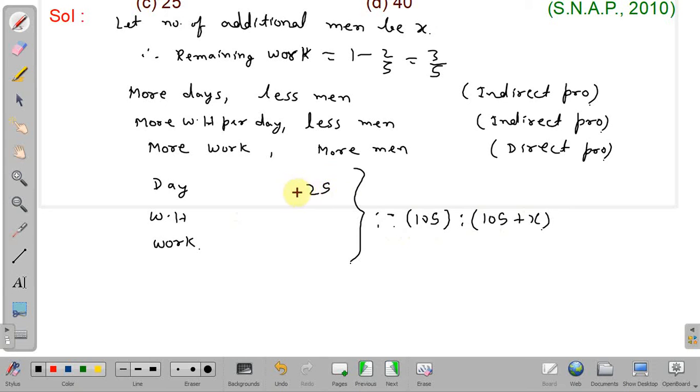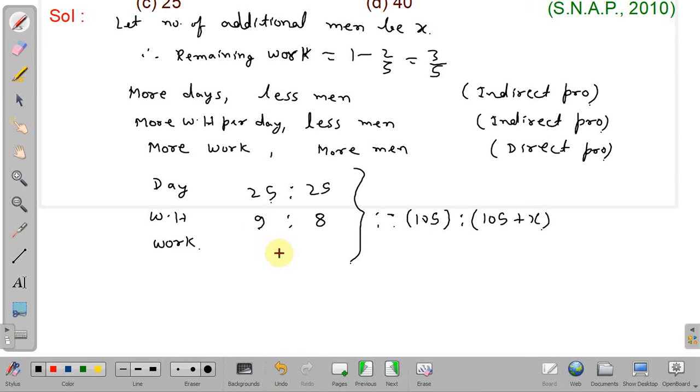It is same here in this case, so 25 days is 25. Working hours per day, initially it was 8. So in case of 105, 8 working hours per day. In case of 105 plus X, it is 9.